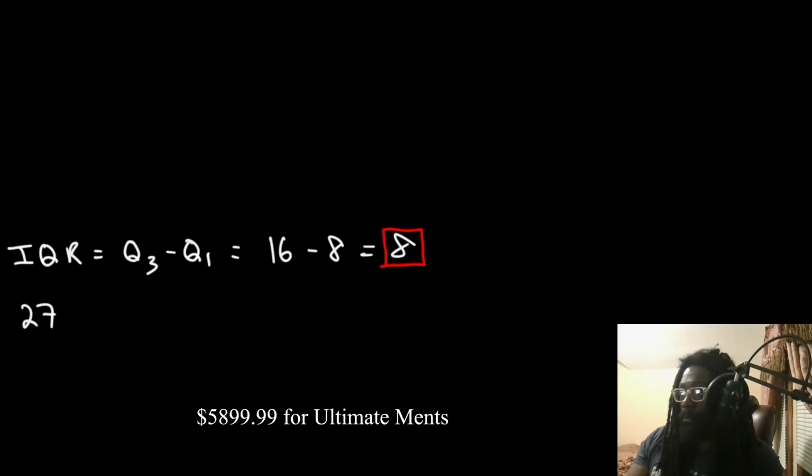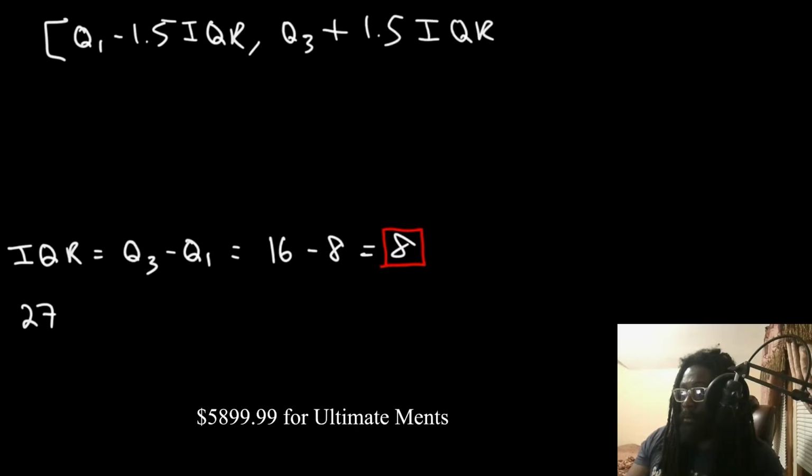The presence of an outlier is based upon this range: Q1 minus 1.5 times the IQR to Q3 plus 1.5 times the IQR. So we know that Q1 is 8, and the interquartile range is also 8. Q3 is 16.